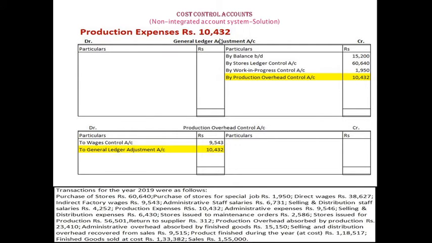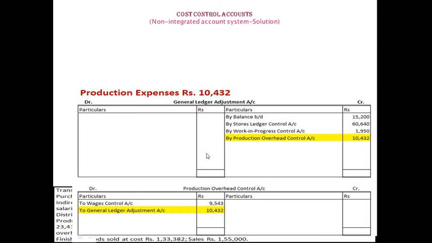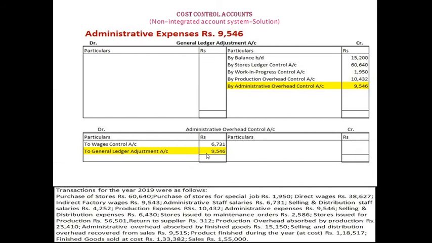10,432. In the credit side of general ledger adjustment account, production overhead control account 10,432 and production overhead control account to general ledger adjustment account 10,432. Administrative expenses 9,546.